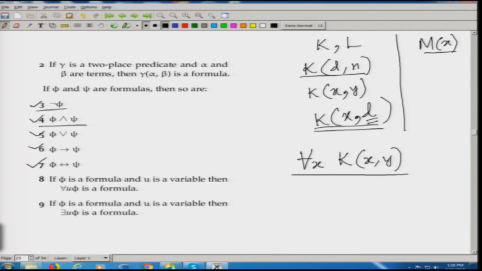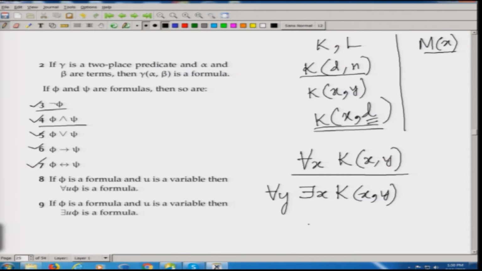And if phi is a formula and u is a variable, then so is some u, my u goes to x or y or z, this also is a formula. So these are all formulas. Now, if this is a formula, I can anytime add this, this also is a formula. So all these are formulae.